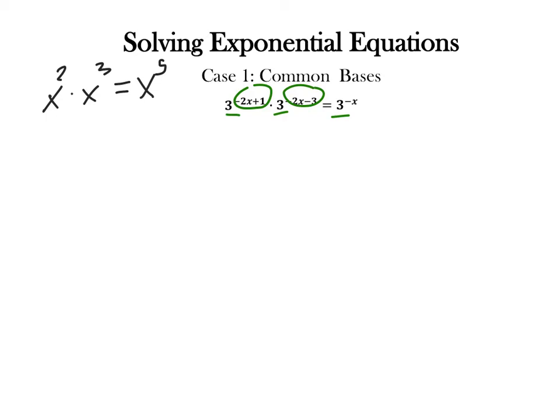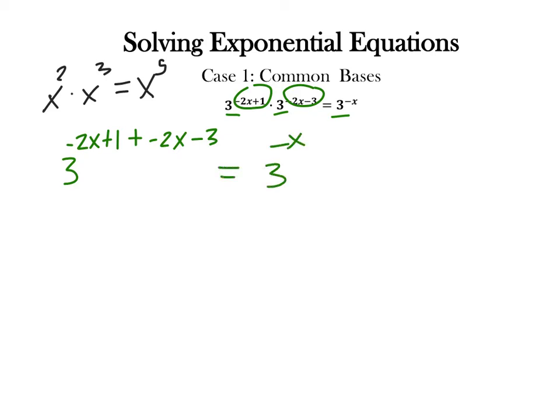So on the left we have 3 to the negative 2x plus 1 plus the negative 2x minus 3.